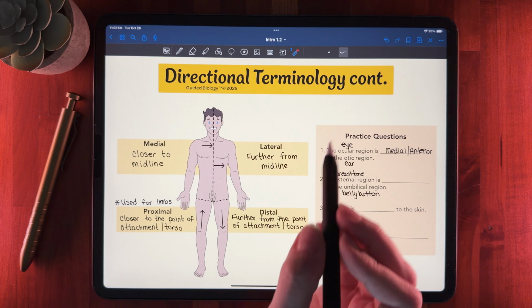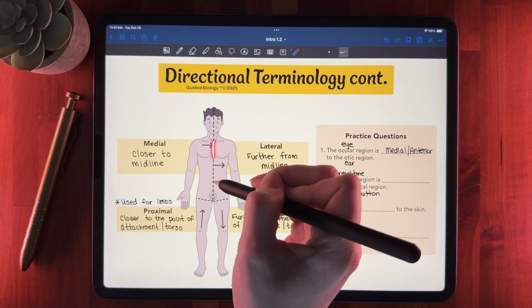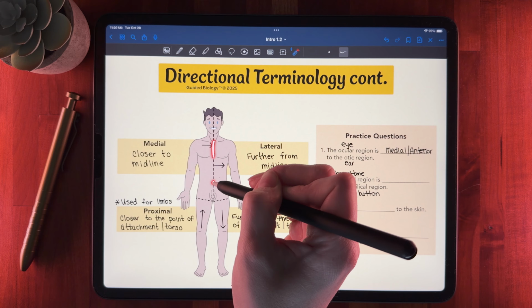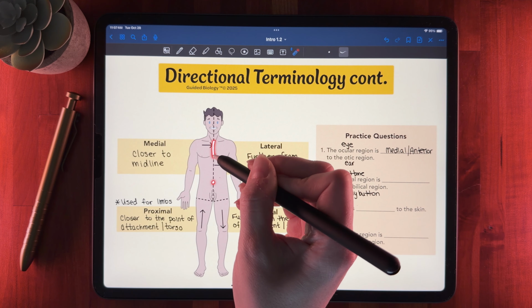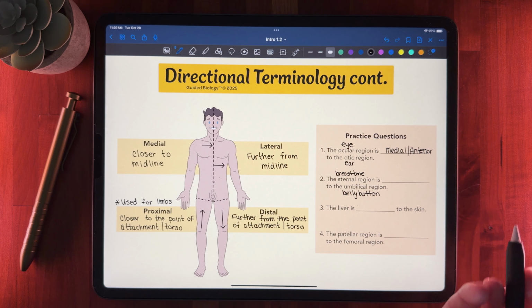If we visualize where those structures are, we have the sternal region here and the umbilical region here. By looking at this, you can visualize that the sternal region is above the belly button, and our word for above is superior. So the sternal region is superior to the belly button.